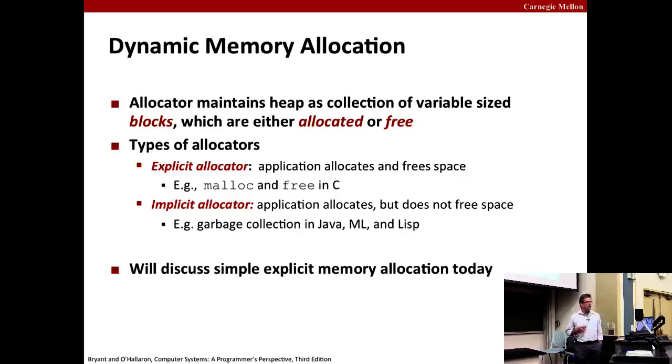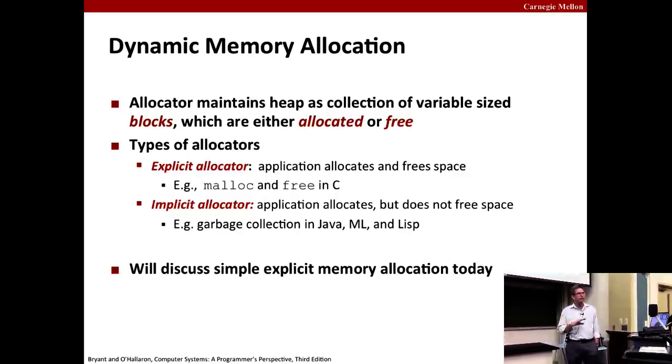And there are two types of allocators. The kind of allocator that you find in C, such as the malloc package, it's up to the application to both explicitly allocate the memory and explicitly free it when the application is finished with it. So the system won't free up any memory that you allocate unless you do it explicitly by calling the free function. But other languages support implicit allocators, where the programmer explicitly allocates memory, but then the system takes care of freeing the memory.